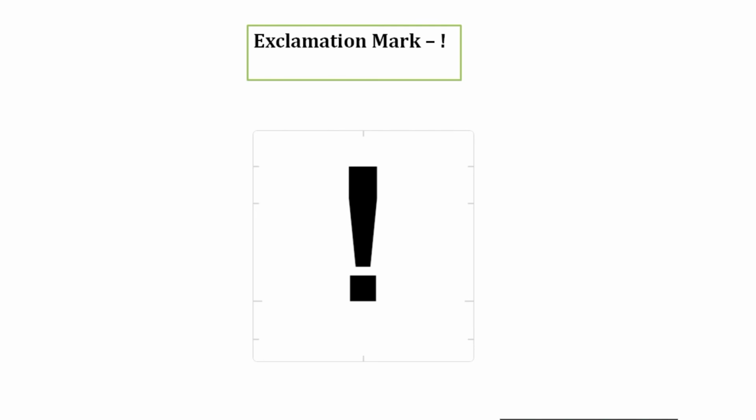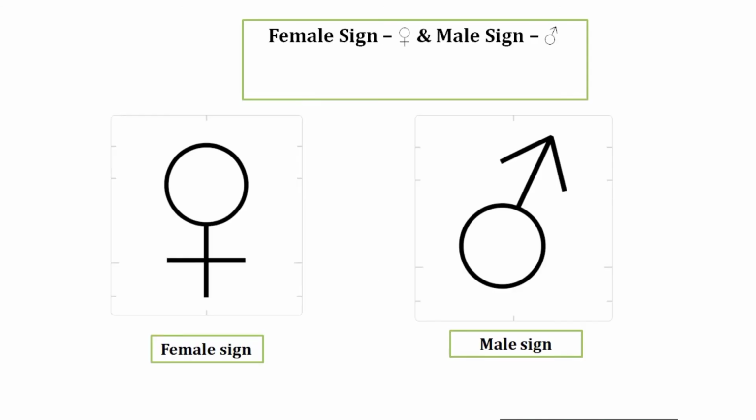This symbol is used to indicate strong feeling or high volume or to emphasize. Next sign is the female and male sign. It is used to represent gender in the form of these circles and straight lines.